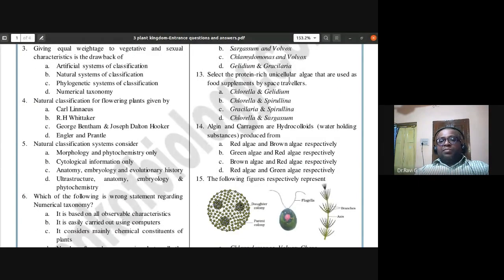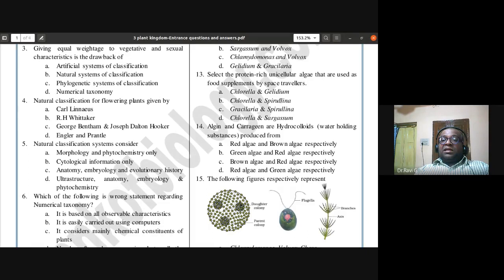See, select the protein-rich unicellular algae that are used as food supplements by space travelers. So the protein-rich unicellular algae, it is unicellular, not multicellular. So Gelidium is ruled out, and Gracilaria is also ruled out. Sargassum is ruled out. So they should be unicellular algae.